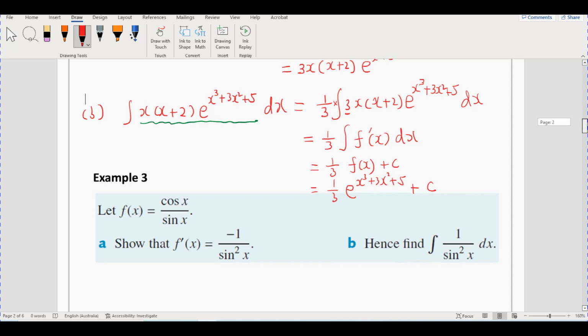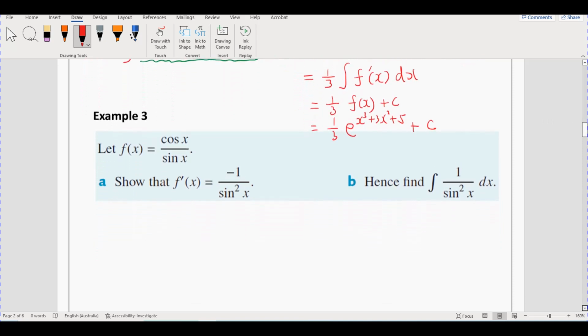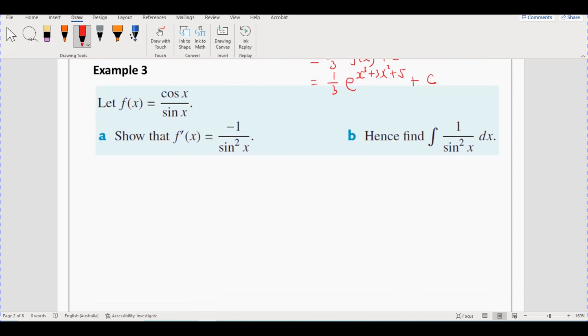Okay, so let's try to do a trigonometry one. Do we know how to integrate a function like 1 over sine squared x? Of course we don't. We know how to integrate sine x, but not 1 over sine squared x. It's another thing, totally different.